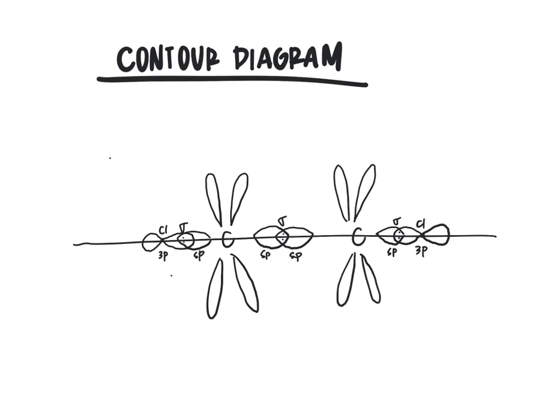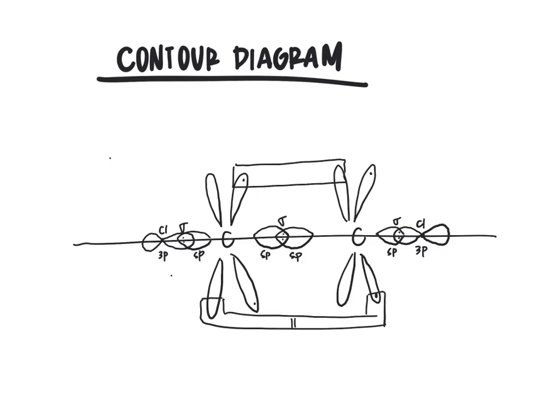And each p orbital is going to contain 1 electron. So we're going to have 1 on this one, and 1 down here. And again, 1 up here, and 1 down here. So this is going to create the pi bond. So that's 1 pi bond, both of these together.